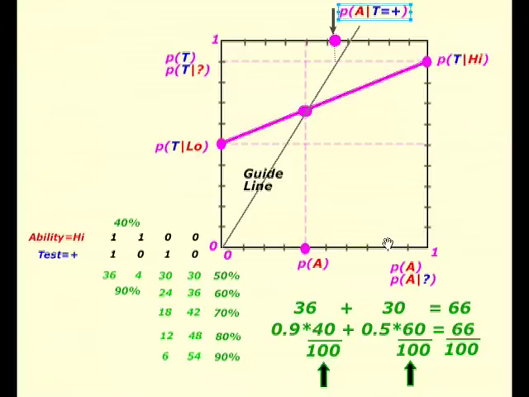So if I wasn't really sure what the probability of ability was in describing my beliefs, it could be over here, but I am pretty sure about these numbers here. I can use this line to tell me what all those probability weighted averages are of the positive test results. Okay.